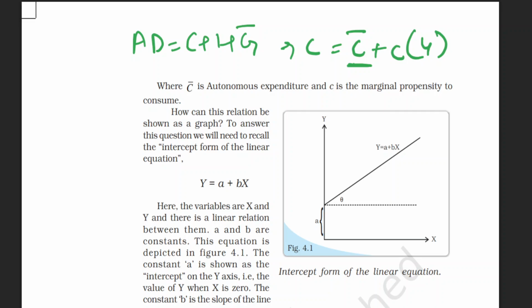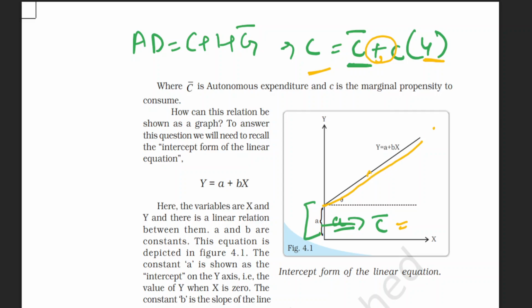This autonomous consumption is denoted as A here. This autonomous part says that whenever your income level is zero, still whatever we consume is termed autonomous. Then it shows a positive relationship between your income and consumption. As we can see in this model, the plus sign shows the positive relationship between your income and the consumption. That's why the slope trends positive and upward, right?